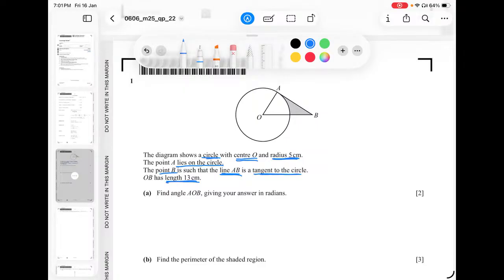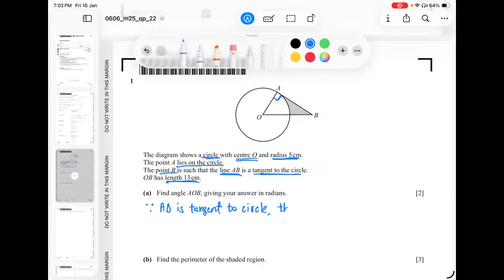From this information given, what can you conclude about AOB? The triangle AOB is going to be a right angle triangle, right? So the right angle should be here. The property we use to find the right angle, I'll just write the reason. Since AB is tangent to the circle, the tangent is always perpendicular.